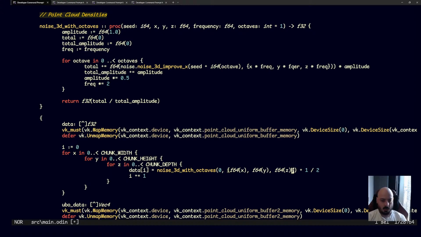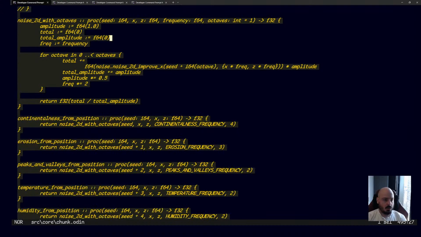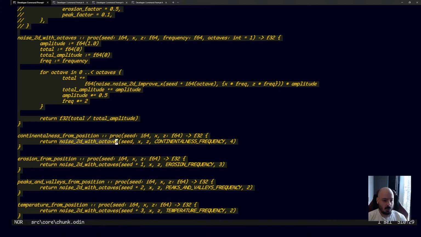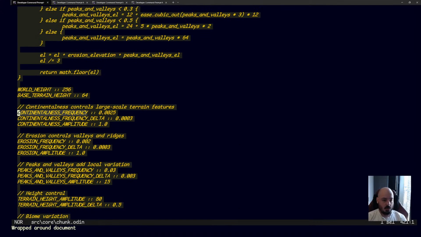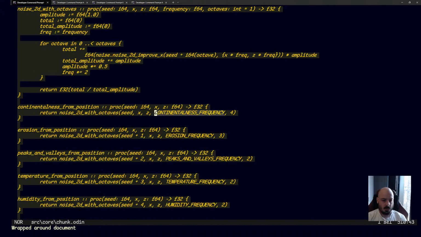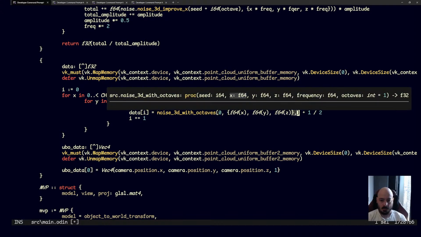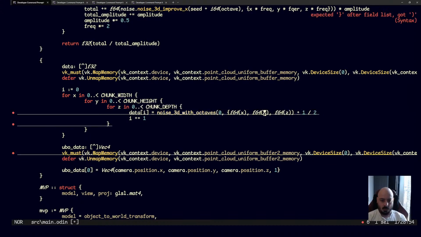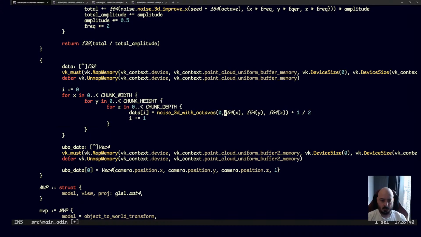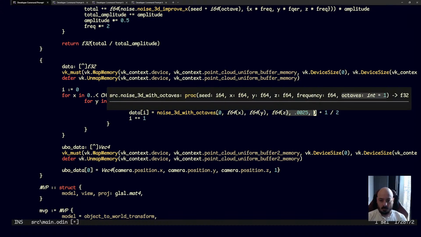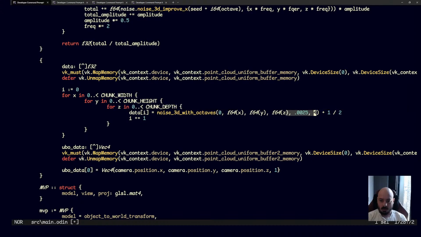Okay. Well, I don't know what the good frequency is, so let's see what I was doing here. Continentalness frequency. Okay, 0.0025. And the octaves 4. Okay, which is something like that. What's wrong with this? Oh. It's not a vector. Great.